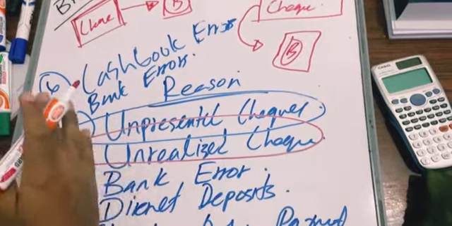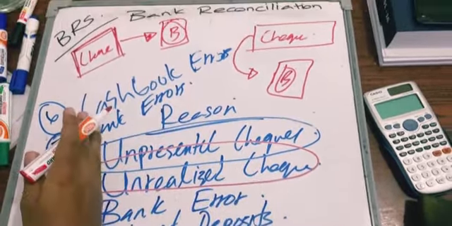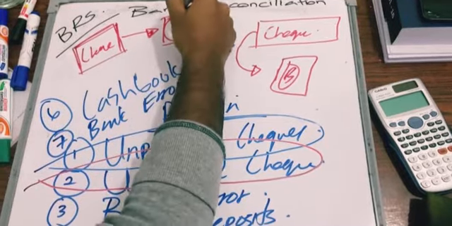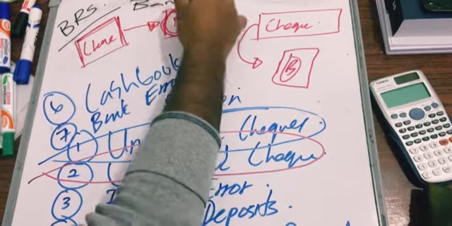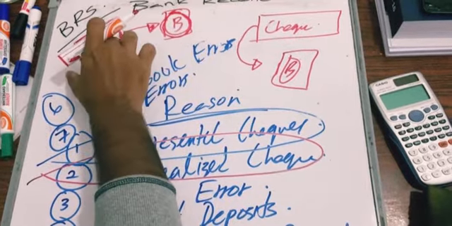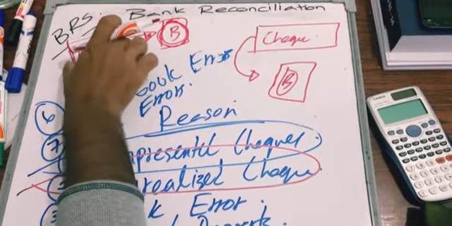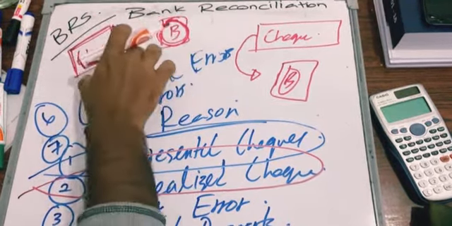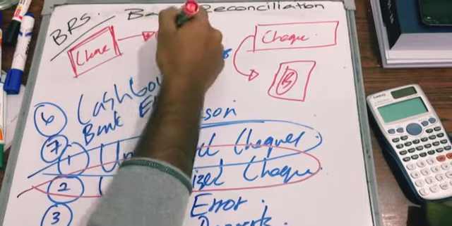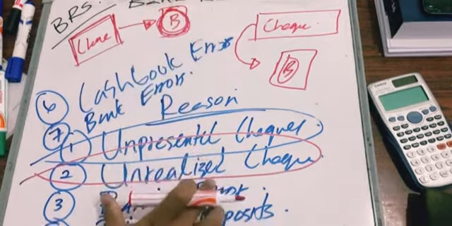In your accounting books you will debit it, but the bank hasn't credited your account yet. The check you have deposited has not been credited to your account yet. That is meant by unrealized checks.